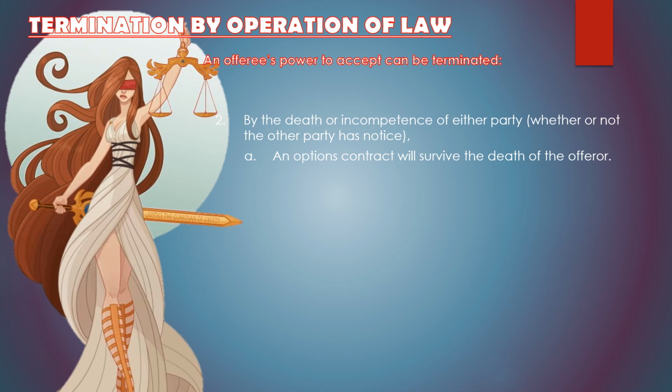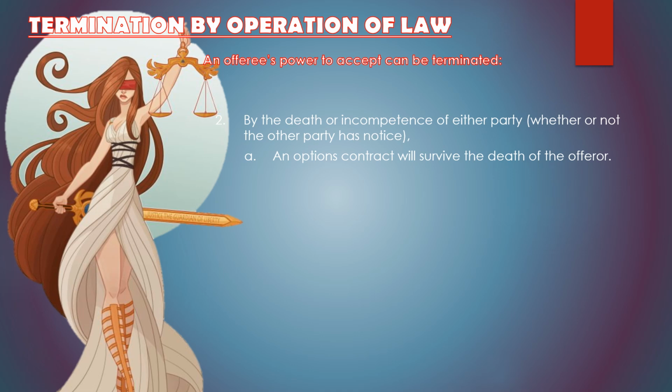Now, you probably noticed an options contract will survive the death of the offeror. We talked about the options contract a few slides ago, but I'm going to go into a little more detail, and I want you to think about this.